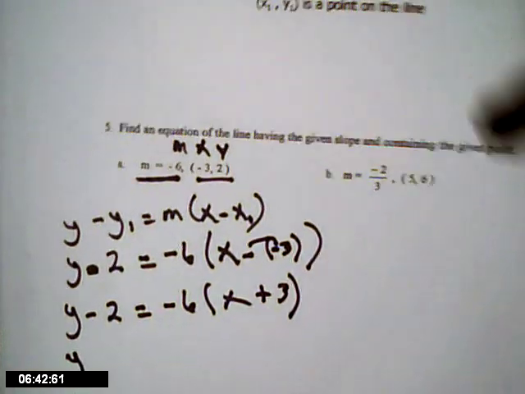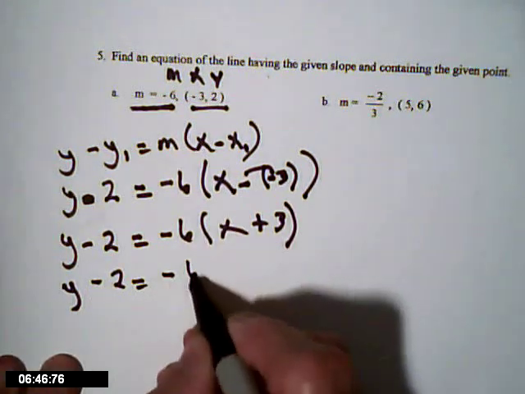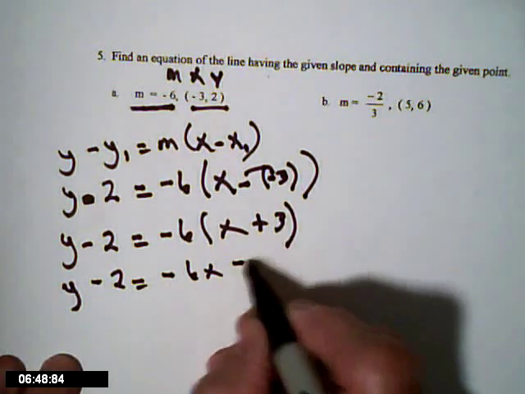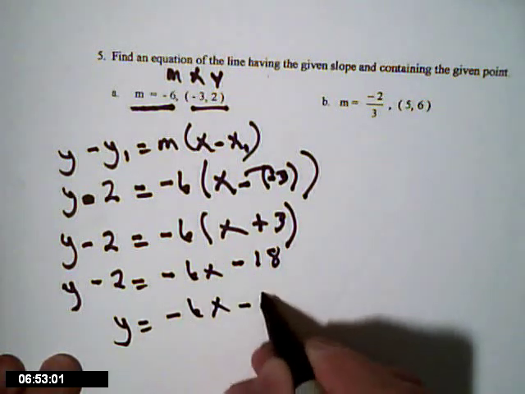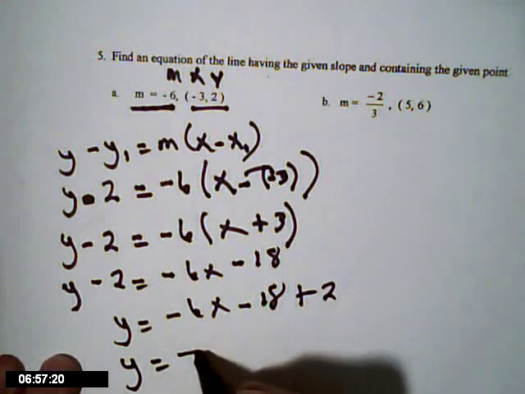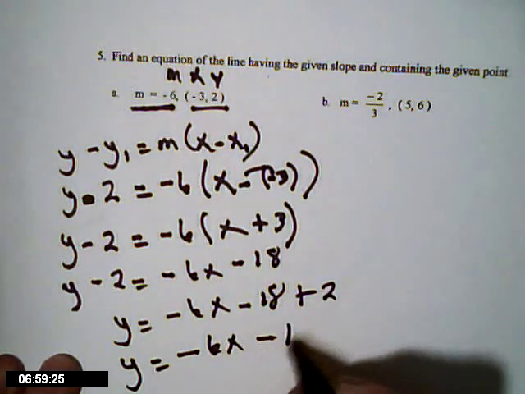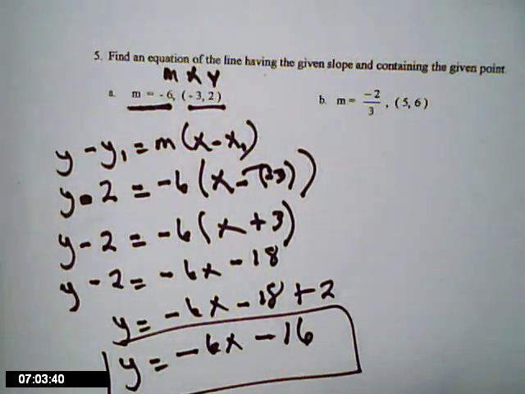Now let's distribute here. Negative 6 times x and negative 6 times 3. And then I'm going to move the 2 over. And I'm going to have negative 6x minus 16. And this is my equation in slope-intercept form.